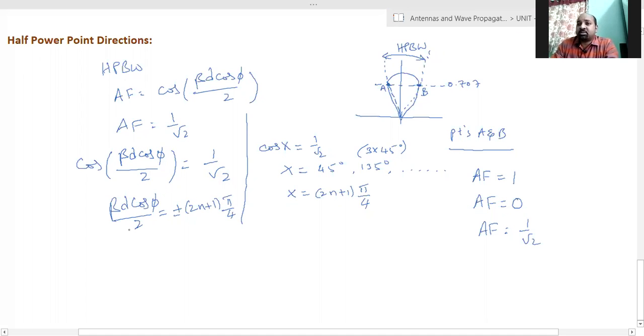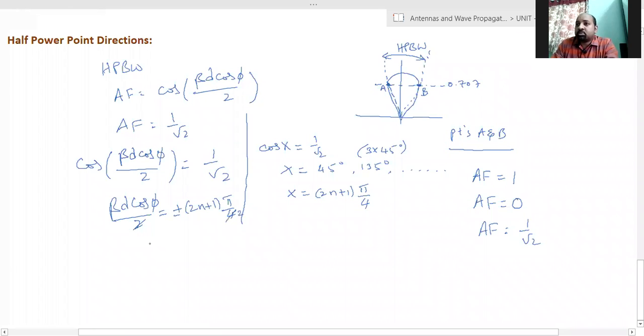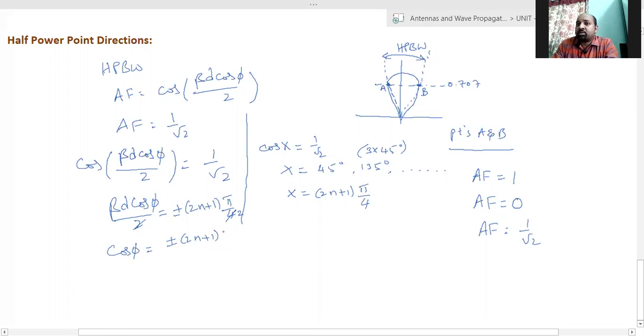Simplifying this expression, what you'll get? Here 2 and 2 times, and we determine cos phi is equal to plus or minus (2n plus 1) by 2 beta d.